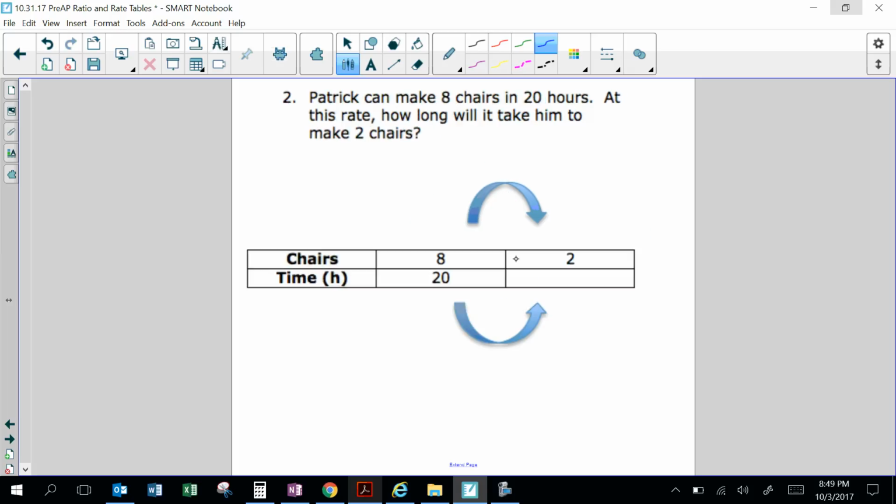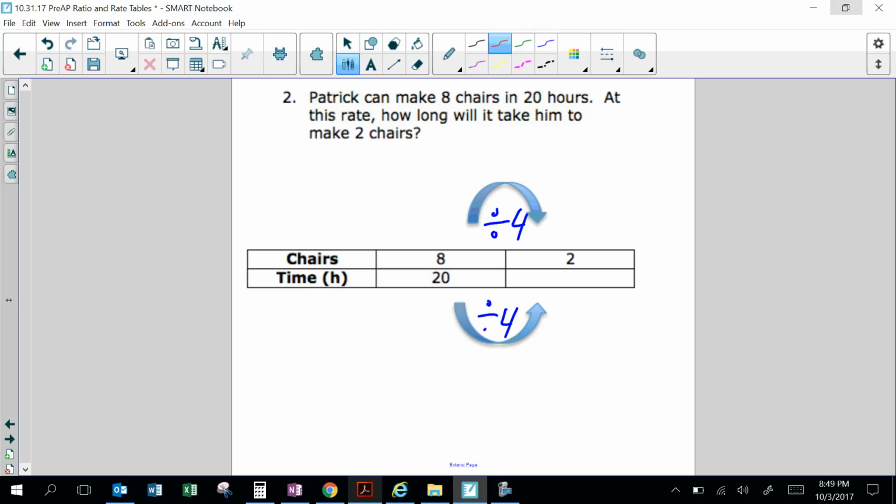Number 2. Patrick can make 8 chairs in 20 hours. At this rate, if he continued this pattern, how long will it take him to make 2 chairs? How do you turn 8 chairs to 2 chairs? You could say divide by 4. Perfectly okay.